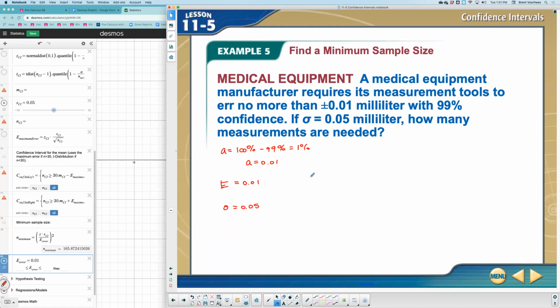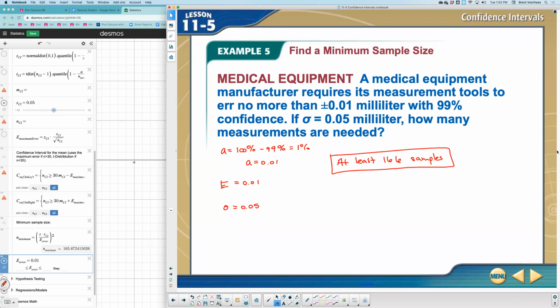Our answer here is that we need at least 165 point something, I'm going to say 166 samples. Truthfully, we'll usually round that to a whole number, because if it's a sample size, usually we count wholes. I don't know many samples that you could have, like 3.5 samples, but for the most part, that's a whole number. And so I'll say at least 166 samples.